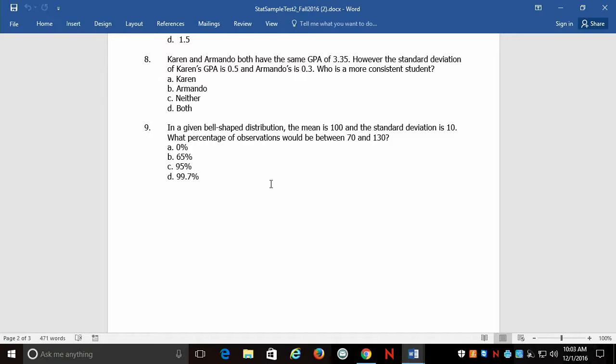We have a normal curve with a mean of 100 and standard deviation of 10. We're going out 30 and 30, 70 to 130, so 3 standard deviations. According to the empirical rule, 99.7%. Very good.